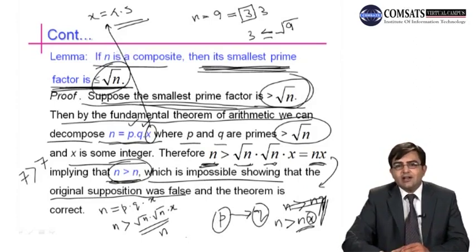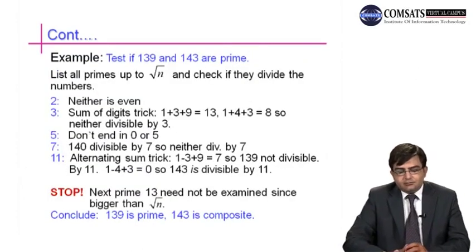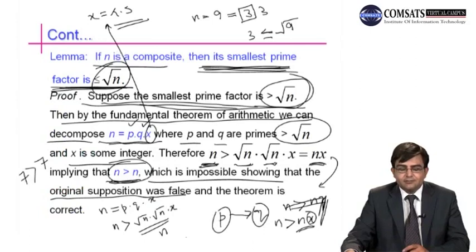Then we conclude that our supposition is basically not true. If our supposition is not true, then the result which we have to prove will be true. So next is an example of the above theorem, of this result.